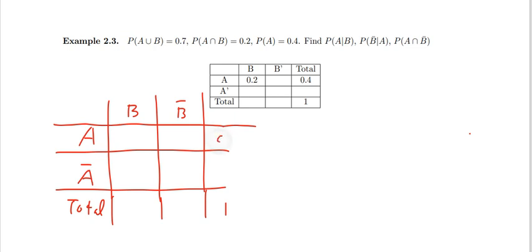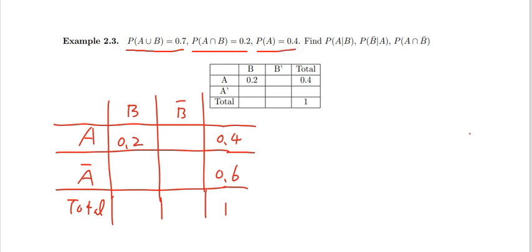Then this means like 40%. If we split 1 into A or A bar, A is 0.4, A bar is 0.6. Okay, so we also know this: 0.2 is A and B. So now let's say we have this condition: P(A or B) equals 0.7, P(A and B) is 0.2, P(A) equals 0.4.